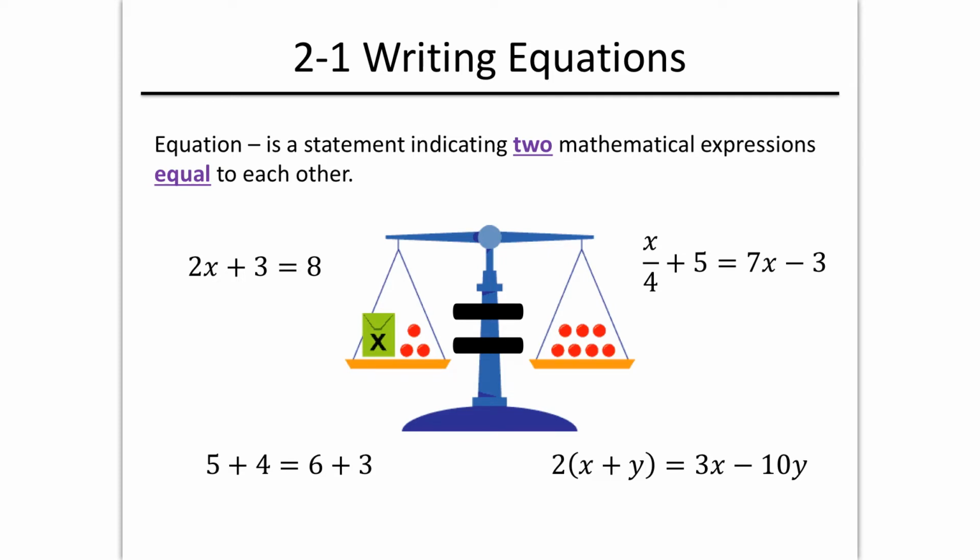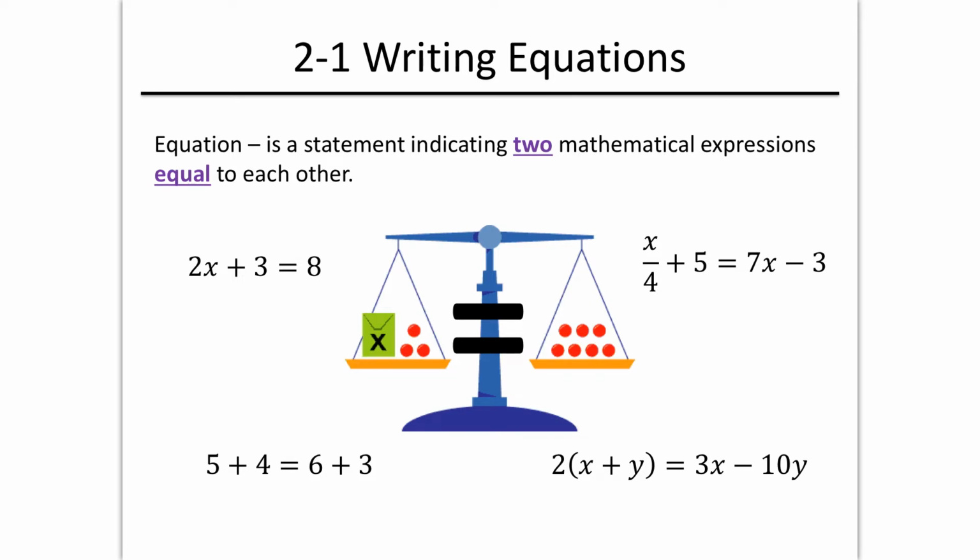You have one side with a mathematical expression, and the other side is going to equal that mathematical expression. The way a balance scale works is the weight on one side has to equal the weight on the other side so it can be balanced. So you have the same weight on each side of these balance scales.